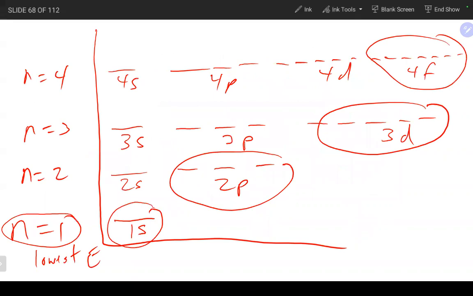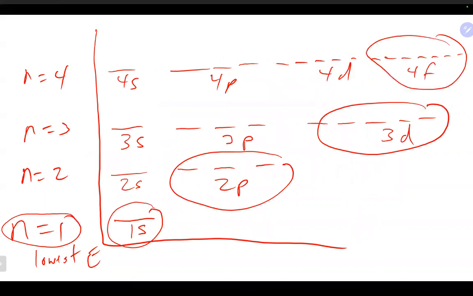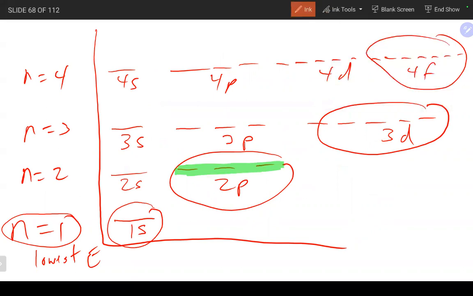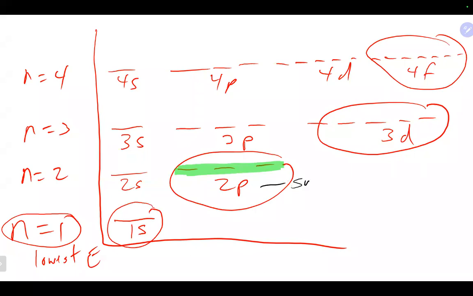So for example, if I went back to my picture here, if we were to take all 3 of these p orbitals, if each line represented a p orbital, that would be a 2p subshell, or again, a sublevel.